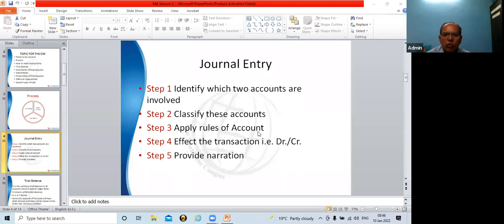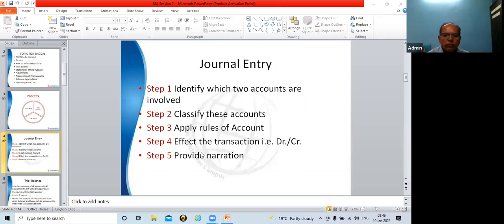Now with these rules, we have to give the effect of the transaction. Since advertisement is an expense, classified as a nominal account, we debit the expenses. So step number 4, advertisement account debit rupees 50,000.